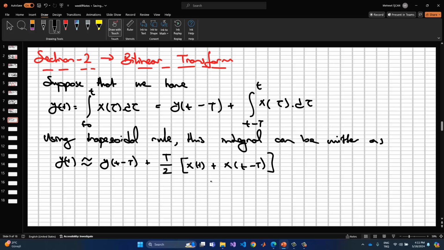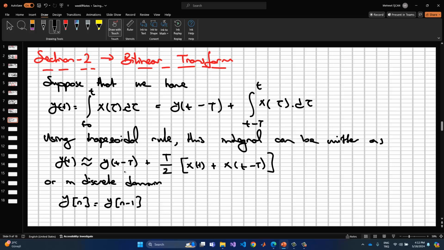This is the representation of the difference equation, in order to get this continuous form. We can write in the discrete domain, so this is y[n], where n is the index of our algorithm, and y[n minus 1].